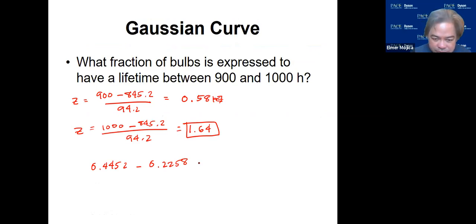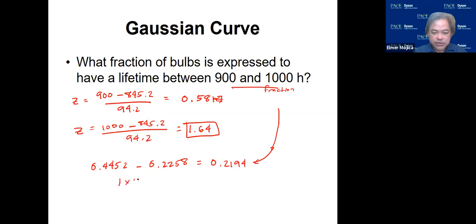And what you're going to do here, if you're going to get the difference, you're going to get 0.2194. So this represents the fraction that has this lifetime. And if you're going to calculate that one, so in a million, 1 times 10 to the 6, you just multiply it with 2194.